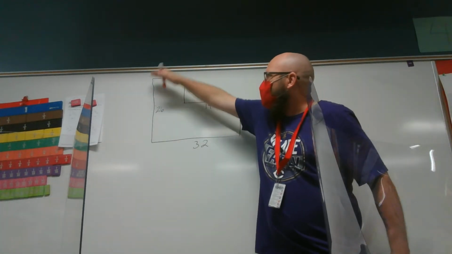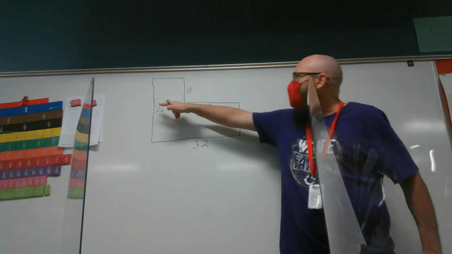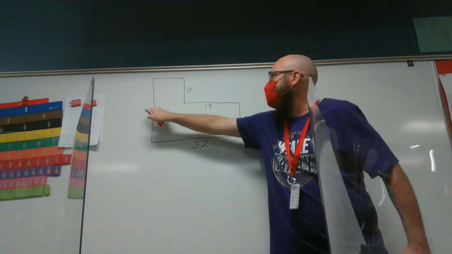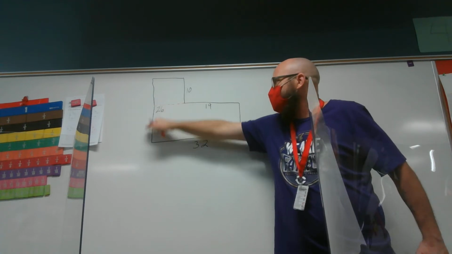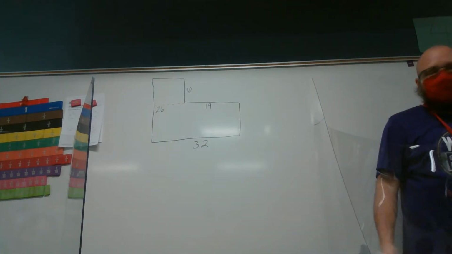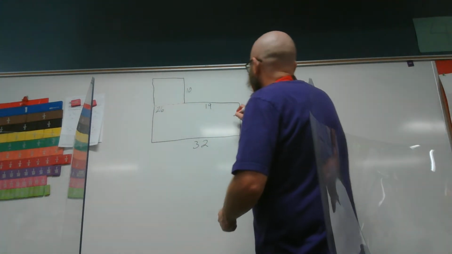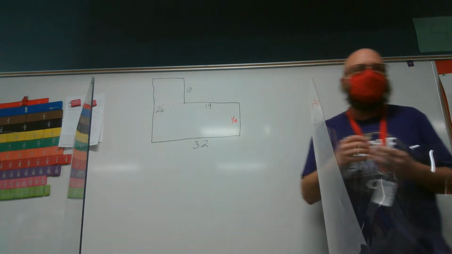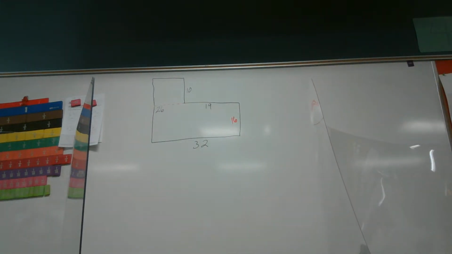Well, if this whole side is 26 and this much of it is 10, how much is this part down below? 16. Which means this has to be 16 right there. Gotta use a little thinking, I know.